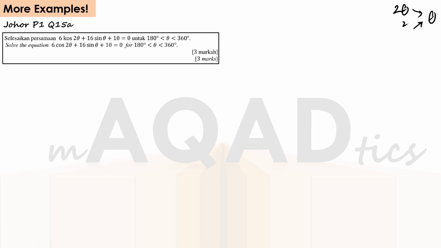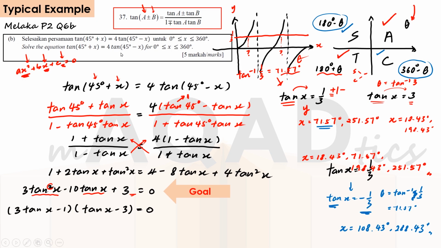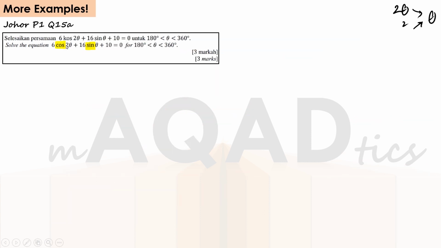Right, so let's go through some more examples. From Johor, we have this equation, and if you can see the equation, there are 2 different functions, cos and sine. Unlike our previous example, where we have only tan. So the question is, should we change cos to sine or sine to cos?